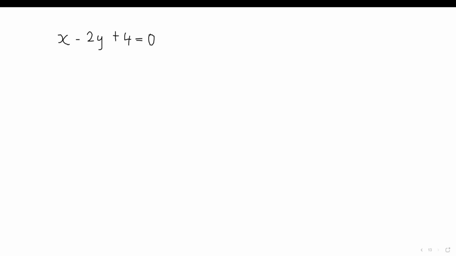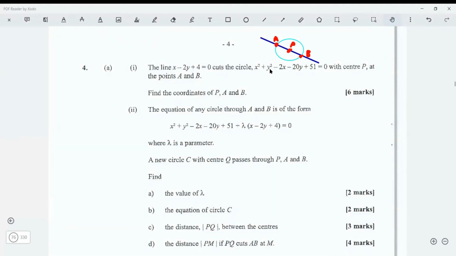All right, so this is it. Let's write out the circle now. The circle was x squared plus y squared minus 2x minus 20y, so x squared minus 2x plus y squared minus 20y.